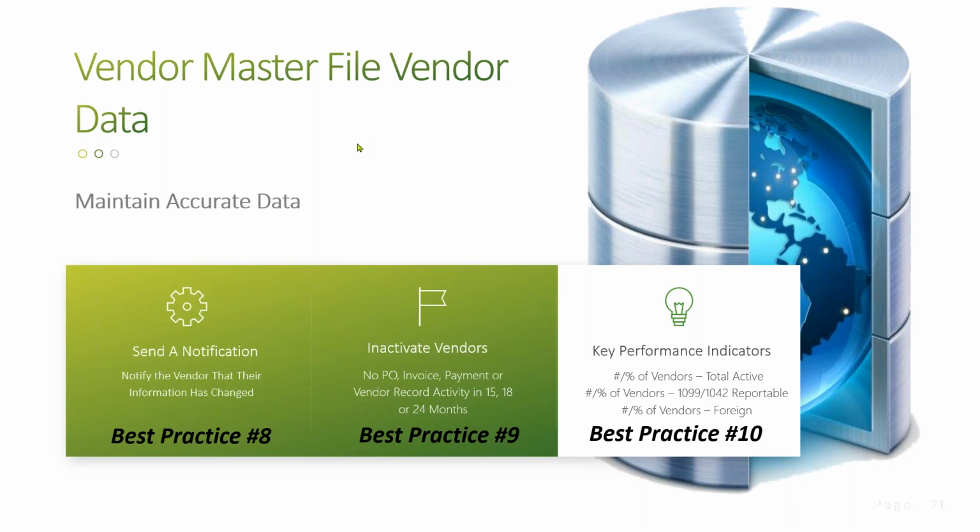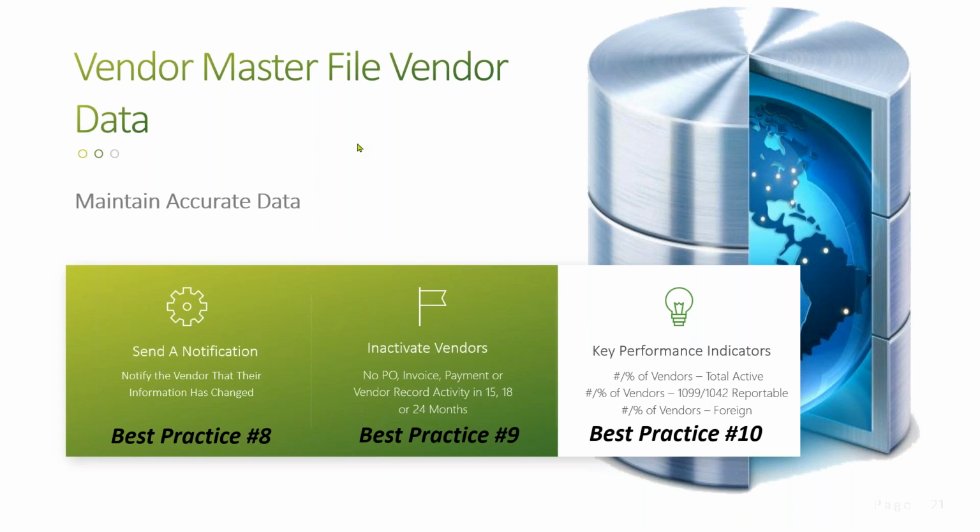Okay. Also, the next one, best practice number 9, which was based on that poll question, is what do you do with the vendors to ensure that their information is still up to date, even if you haven't done business with them in a while? The answer to that is you inactivate your vendors.